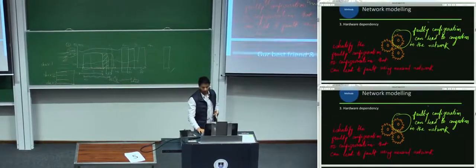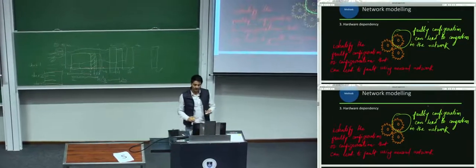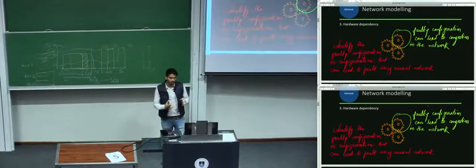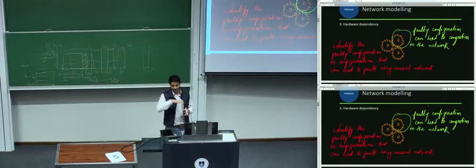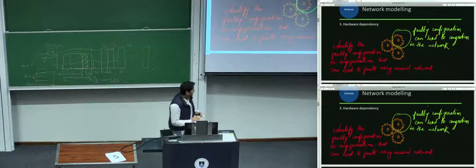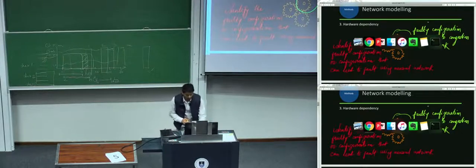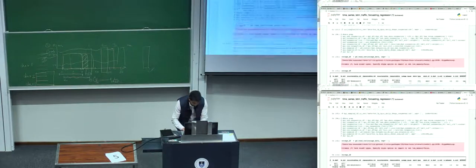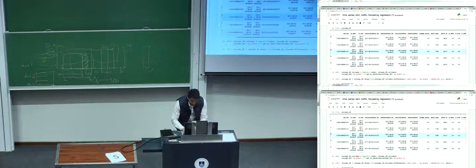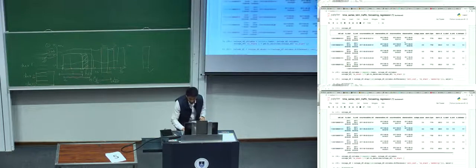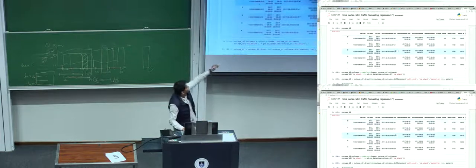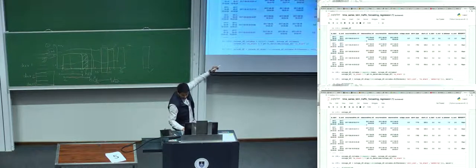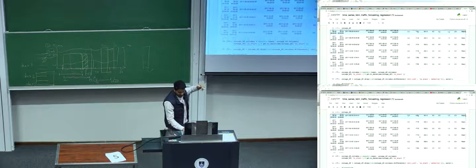Then the hardware dependencies. There will be a lot of dependencies from internal failures of the device itself, not just the neighboring cells, but the internal hardware as well. And that's why you need to consider those data sets as well. So here, just to show you, this outage data shows, for each cell, how it is dependent on other cells, and how it was impacted at any point of time.